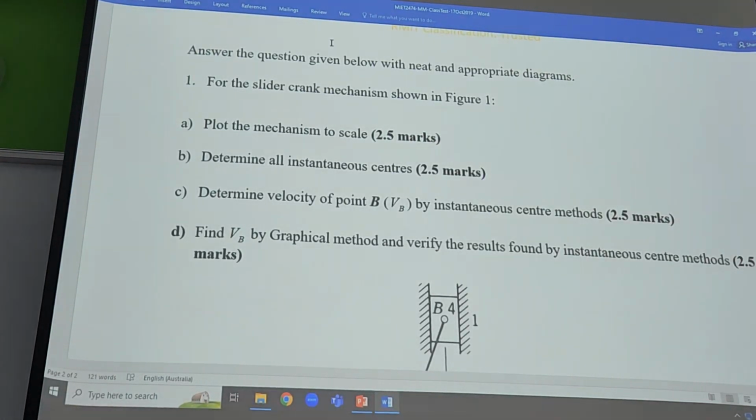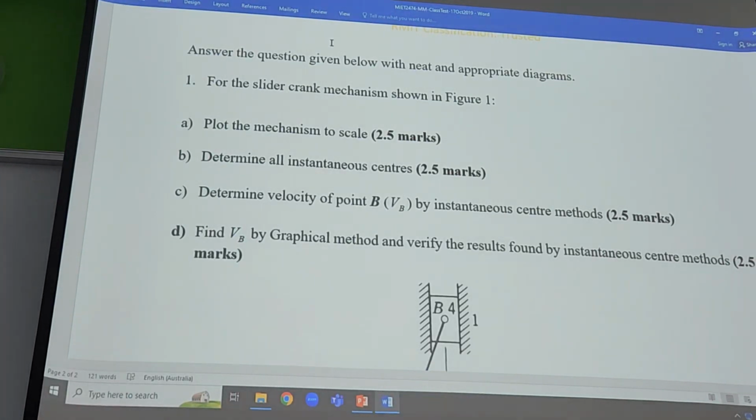You will be given a simple 4-bar mechanism. Then you have to determine the velocity of a point by the IC method and also by the graphical method. So there are 4 aspects, and each aspect you will have 12 marks. All correct, you will get 10 marks.